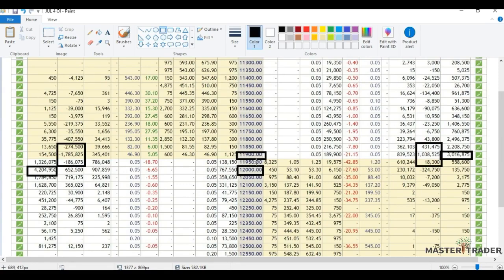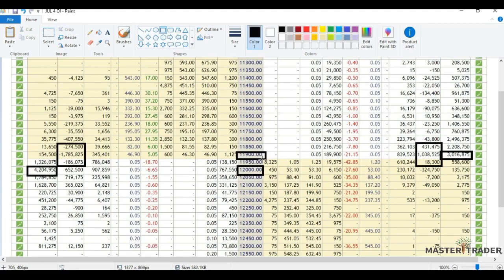Now understand one thing: the ranges can also break, so we need to keep an eye intraday, during the market, on what is happening, because the data keeps changing, and so the ranges will also change. Range as in our boundary, right?